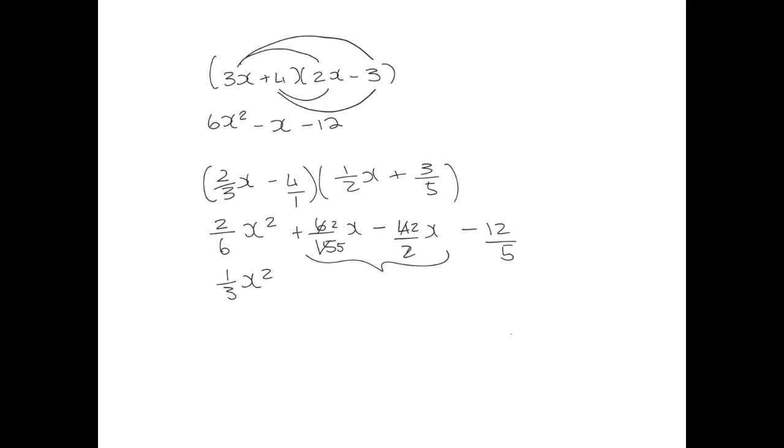Okay? So it's 2 minus 10, which is minus 8 over 5. But you can do that on your calculator. So even if you went 6 over 15 minus 4 over 2, it will give you minus 8 over 5x, okay? Minus 12 over 5. So remember, this is always a middle term and you can add it.